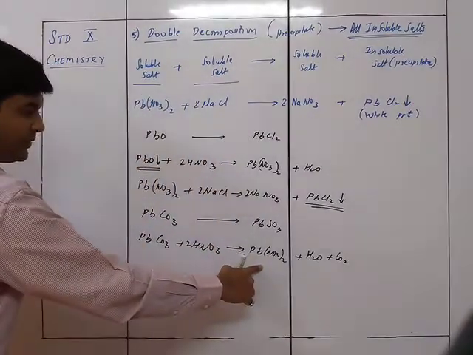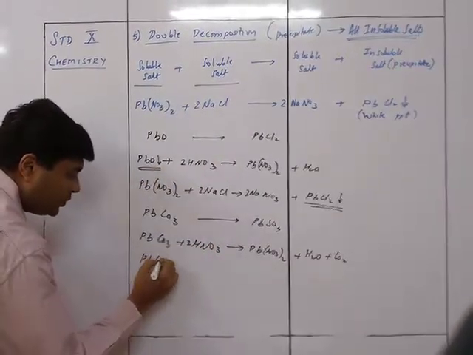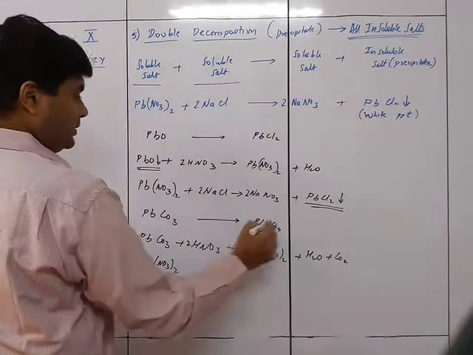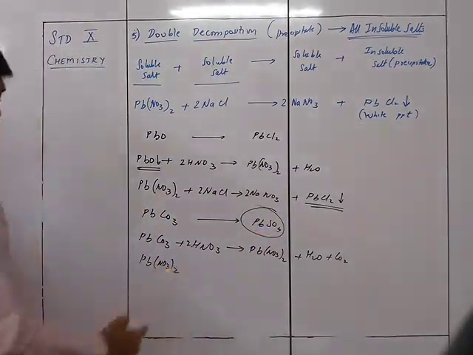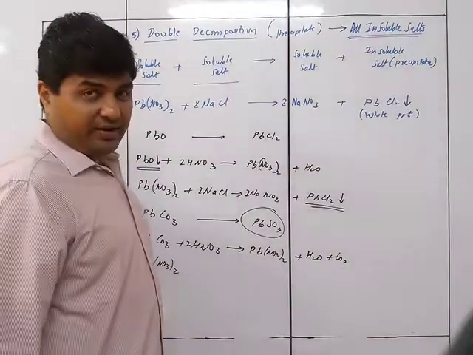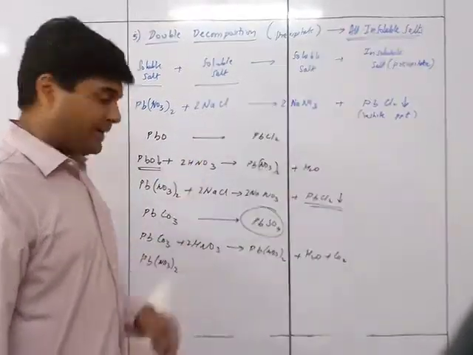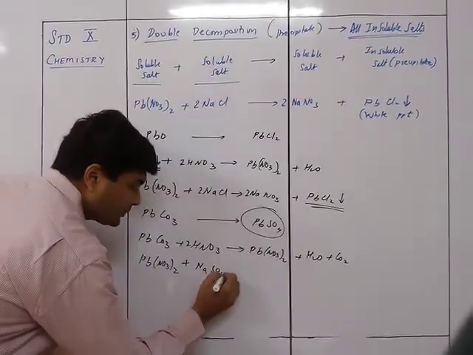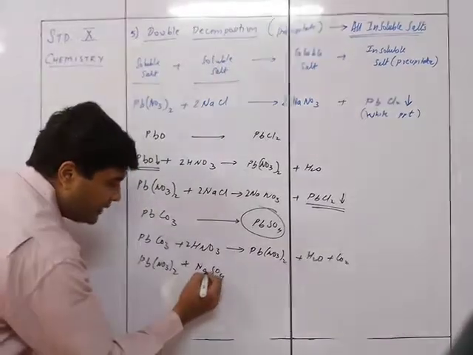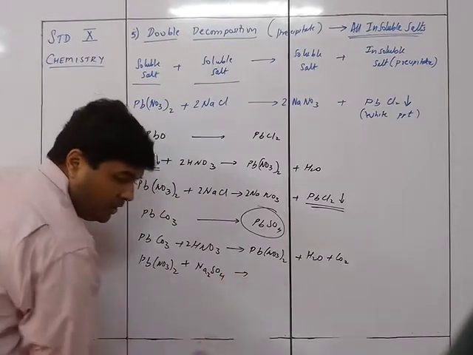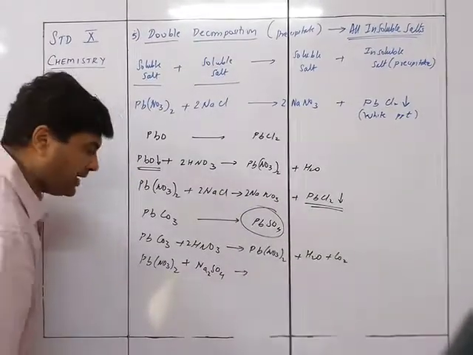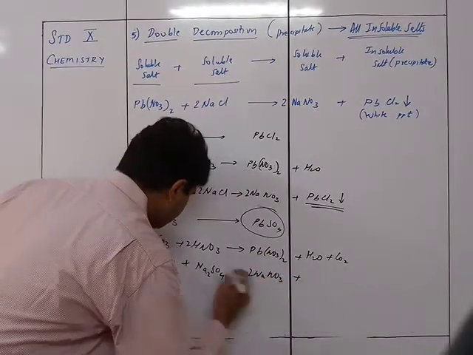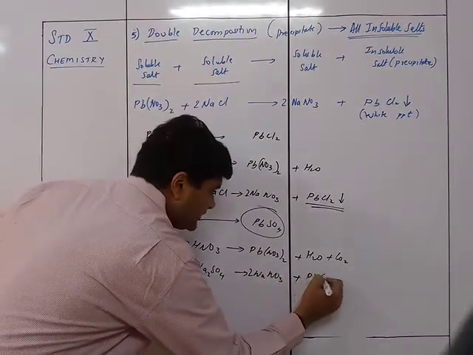Again, this Pb(NO3)2 is going to react with, now what do I want? I want PbSO4. So here what will I take? I'll take a sulfate. Sulfate of what? A stronger metal. So I will take Na2SO4. That will give me, now balancing is done, 2NaNO3 plus PbSO4.